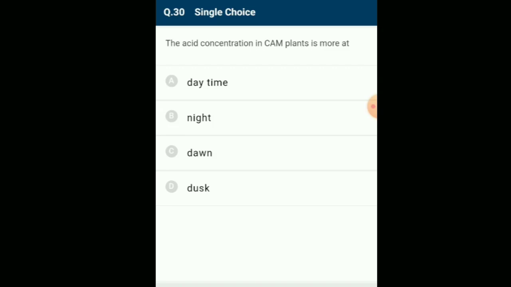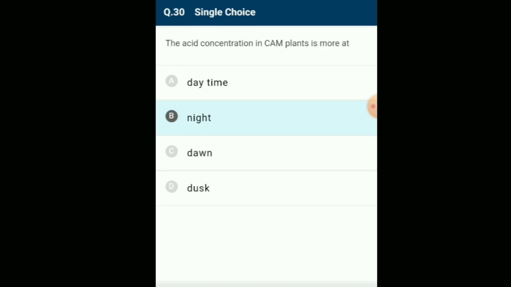While carbon dioxide enters the Calvin cycle, pyruvate is used up to regenerate PEP. The succulents, therefore, synthesize plenty of organic acids from carbon dioxide during night when stomata are open, and plenty of carbohydrates during the daytime when stomata are closed. So the answer for this question is option B, nighttime.